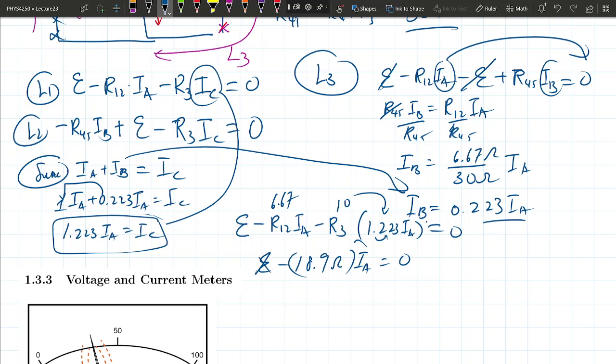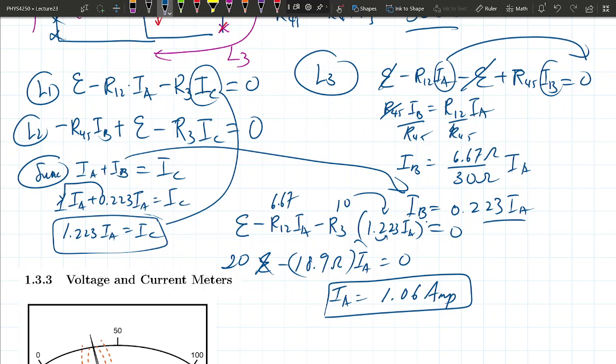And we know what the EMF is. That's actually 20 volts. So IA you can get right away, 20 divided by 18.9. That's actually 1.06 amp.